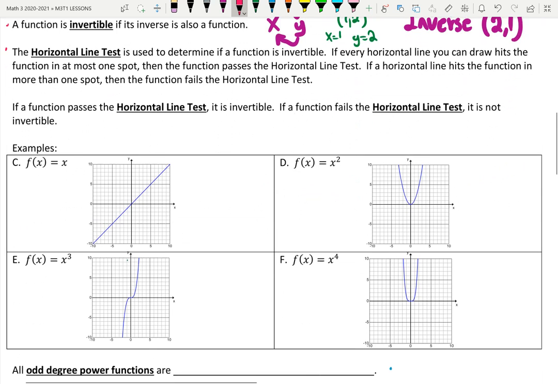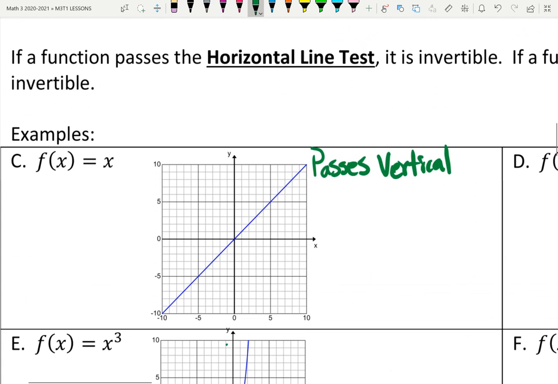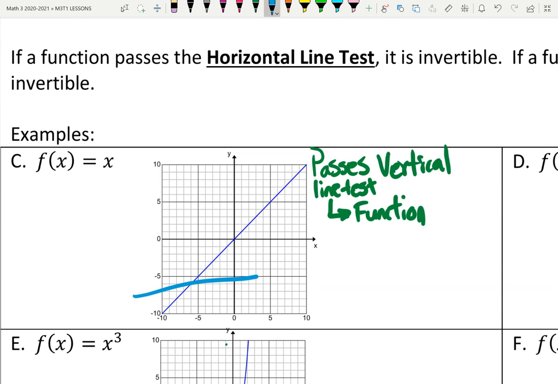So looking at the following, C, I can immediately see that it passes the vertical, let me zoom in, line test. What I'm looking at would be considered a function. My horizontal line test.